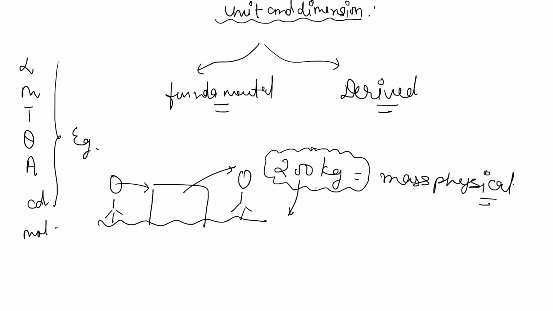You can convert from one unit to another, or from one system to another, like FPS, SI, and CGS systems. There are many systems, and you can refer to NCERT to learn about them. Keep this in your mind.